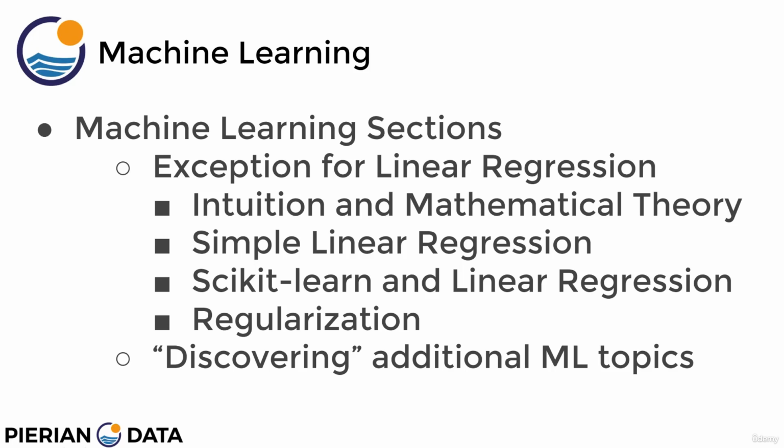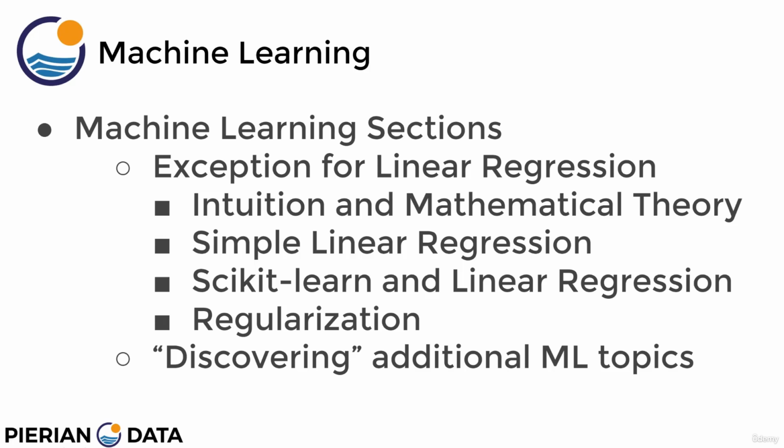Then we'll introduce scikit-learn and how we can utilize that machine learning library with Python to implement linear regression. And then we'll expand on linear regression by talking about regularization in general and how we can apply it to linear regression. And along the way, throughout the next sections, we'll discover additional machine learning topics.